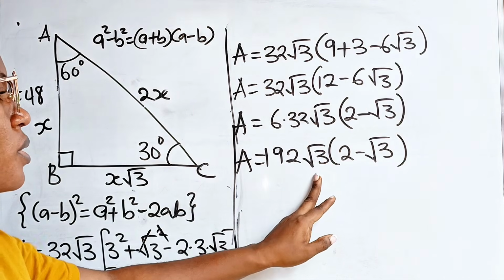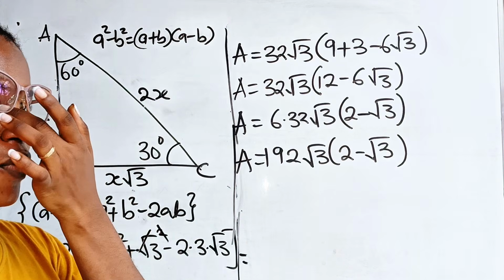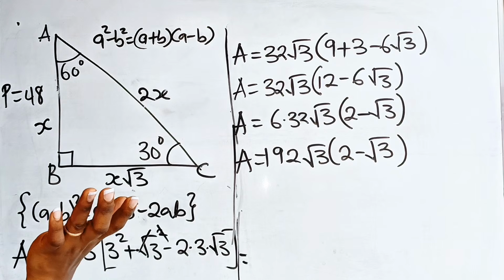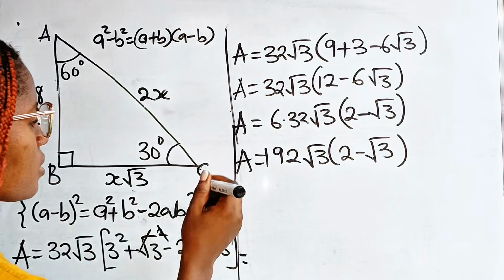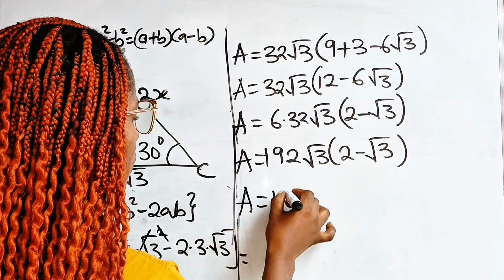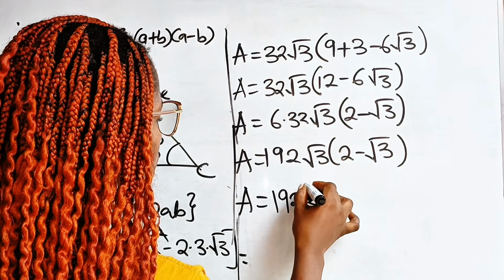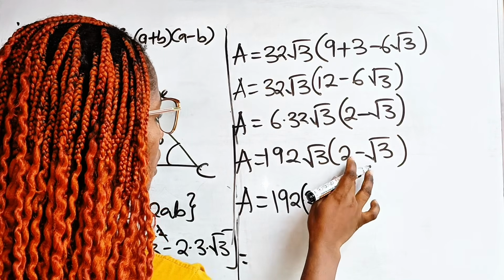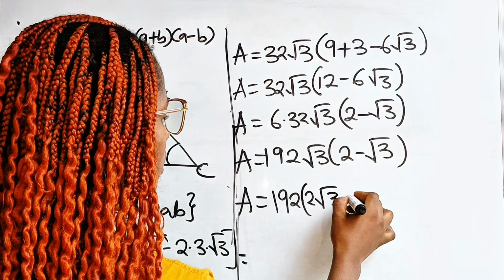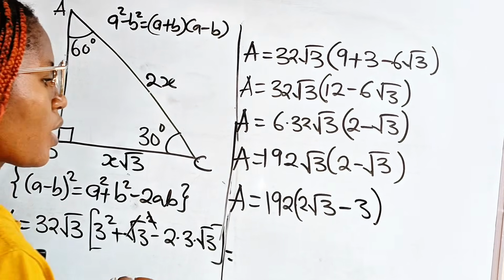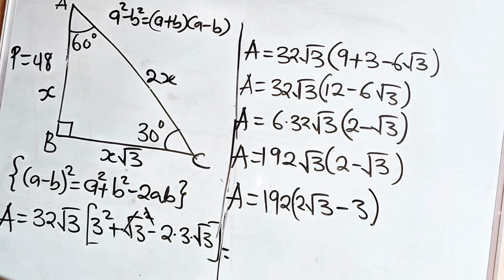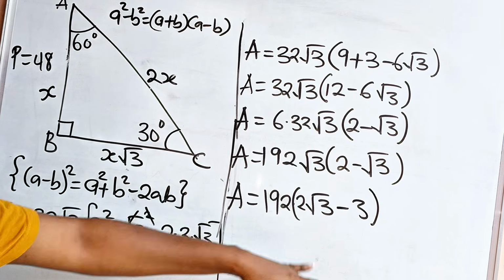Since I'm saying root 3, we can cancel that out if we can expand the bracket, right? So let's go ahead and expand. So area will be 192. Root 3 times this is 2 root 3. And root 3 times this will be 3 minus 3. Yeah. So I think this is all we can do for now.